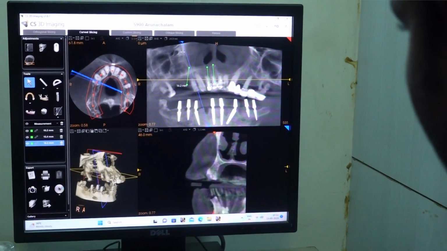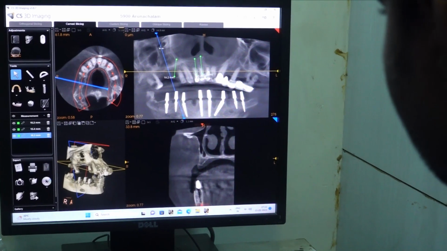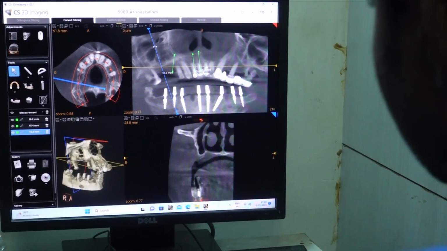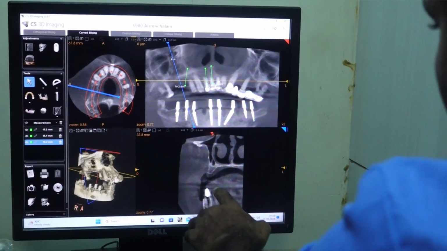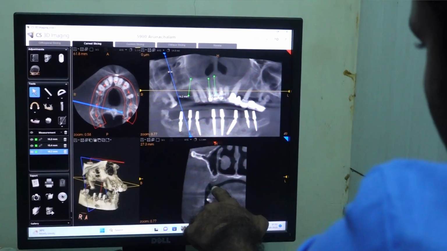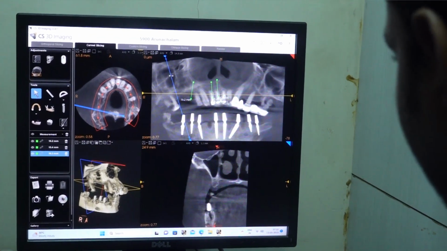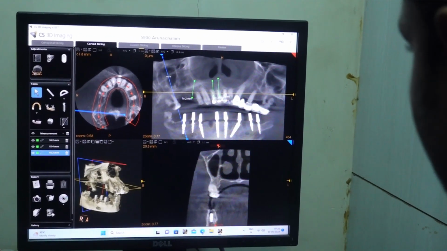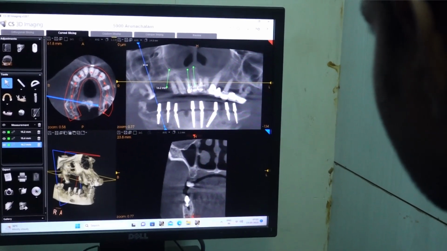Definitely this is not enough. So we are seeing the sinus area. The bone is not very great. There is no bone actually. If you come closer to the 8 area, so this is the 8, just mesial to the 8, there is some bone.